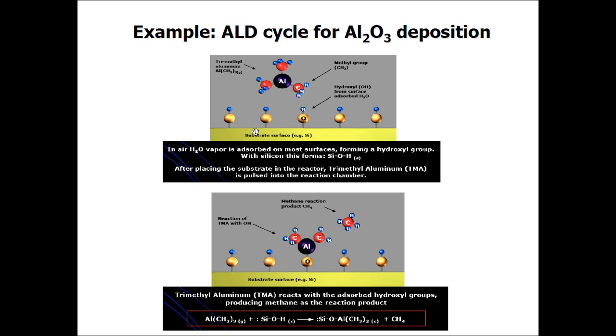In air, H2O vapor is adsorbed on most surfaces, forming hydroxyl groups as you can see here. Here the substrate is silicon. After placing the substrate in the reactor, trimethyl aluminum (TMA) is pulsed into the reaction chamber.